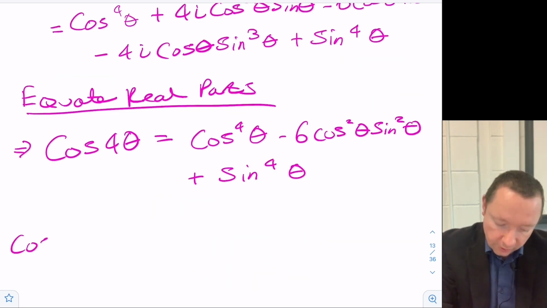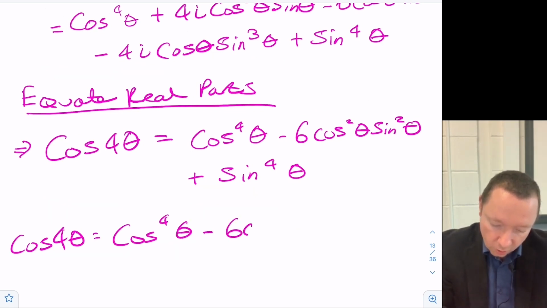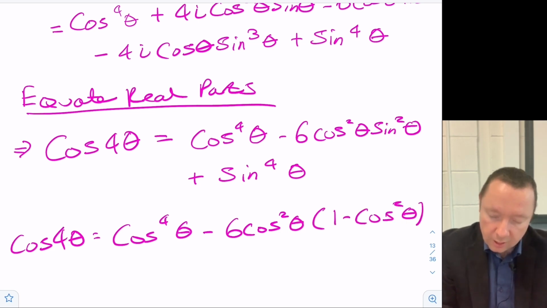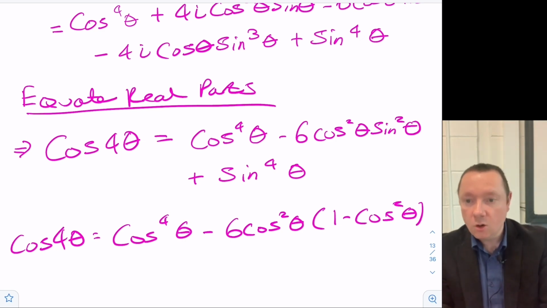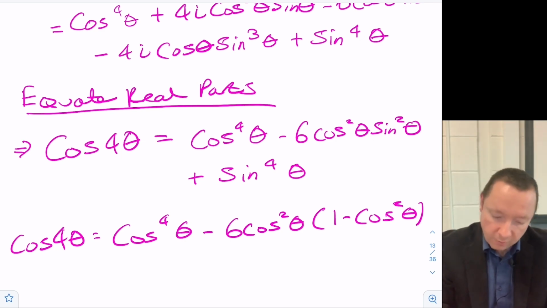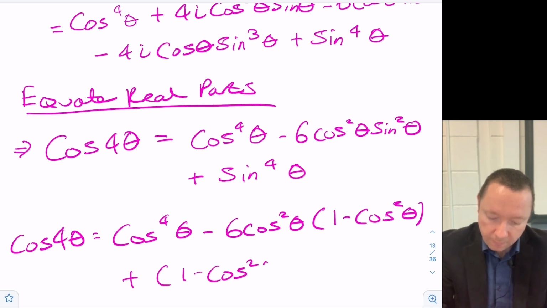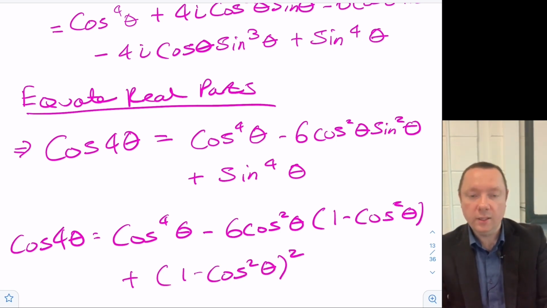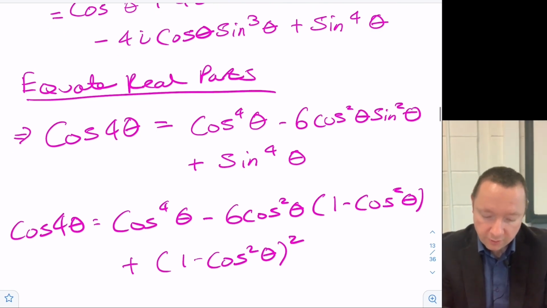So cos 4 theta equals cos to the power of 4 theta minus 6 cos squared theta sine squared theta. And since sine squared theta is 1 minus cos squared theta, then we'll have plus 1 minus cos squared theta, squared, because sine to the power of 4 theta is sine squared times sine squared. So now we've got everything in terms of cos.